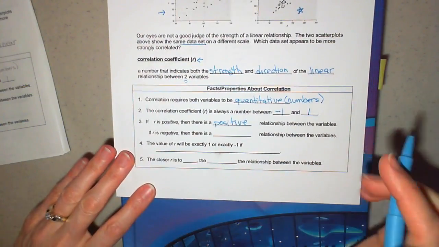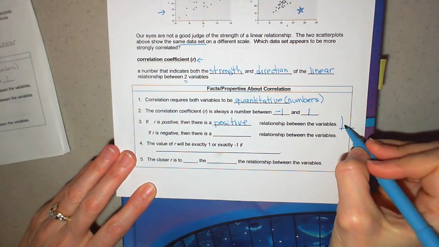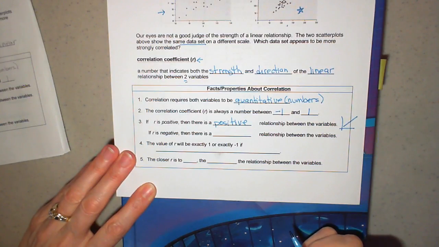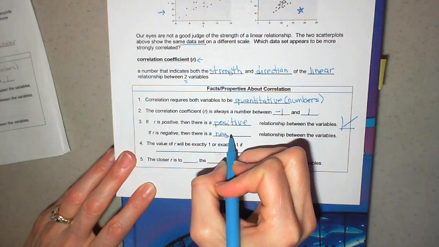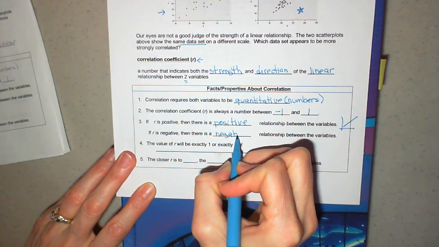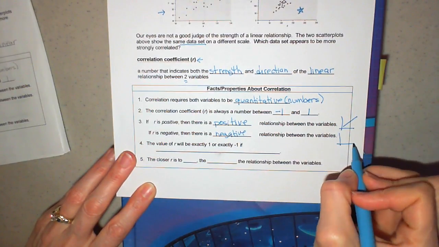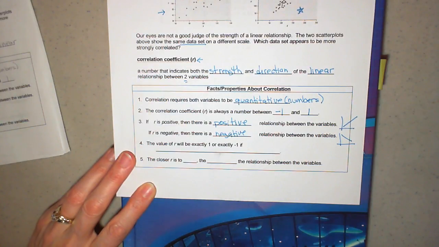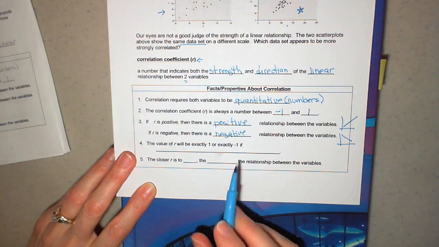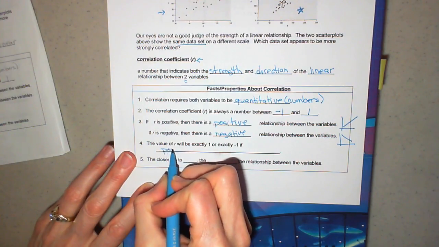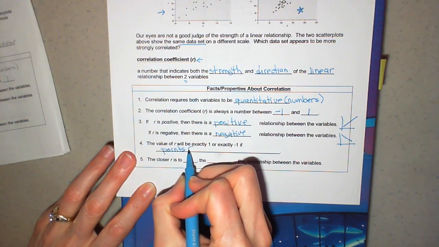A positive relationship, remember, is just like a positive slope. If R is negative, there's a negative relationship among the variables. That's like a negative slope. The R value will be exactly 1 or -1 if the points form a straight line.